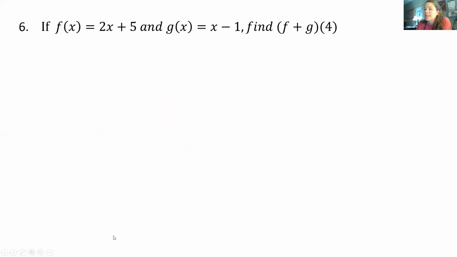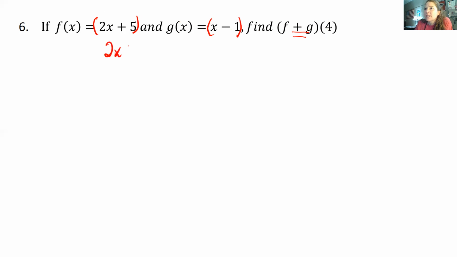All right, moving on. So here number 6 says if f of x is equal to 2x plus 5 and g of x is equal to x minus 1, we're going to find f plus g of 4. So basically what they want us to do is they want us to take f of x, add it to g of x, and then we're going to substitute our x's for 4.